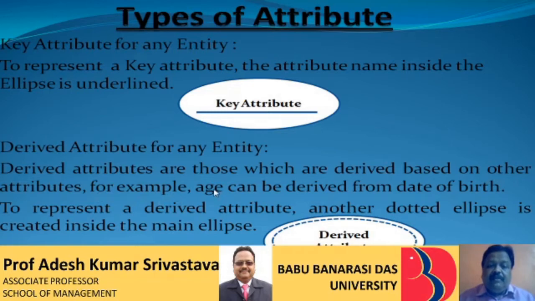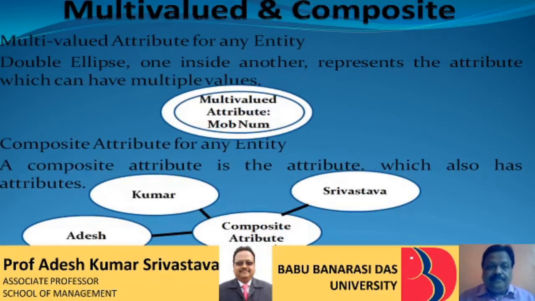For example, age can be derived from date of birth. To represent a derived attribute, another dotted ellipse is created inside the main ellipse. As you are seeing in the figure, there is an oval, and within that oval there is a dotted oval, right? So this represents a derived attribute.